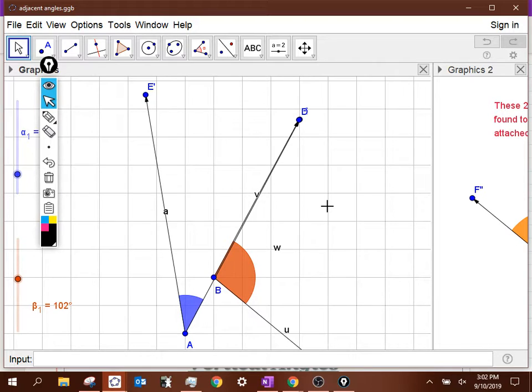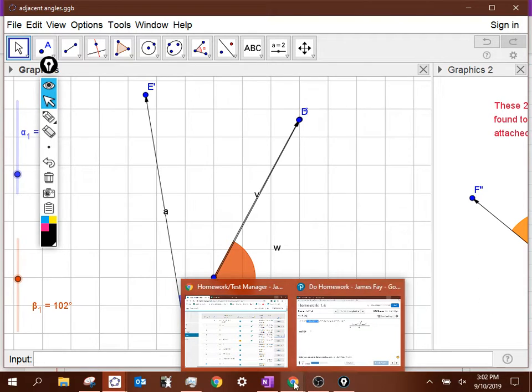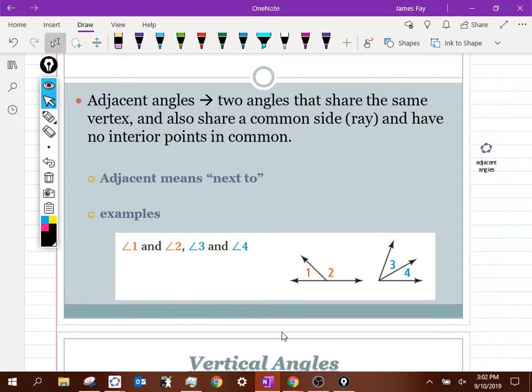But there is one ray that plays a role in creating one side of both angles. No interior points in common. Do they share the same vertex, though? No. So at any time you violate one of those 3 conditions set up in the definition, you no longer have the type of angle that definition sets out to provide us.